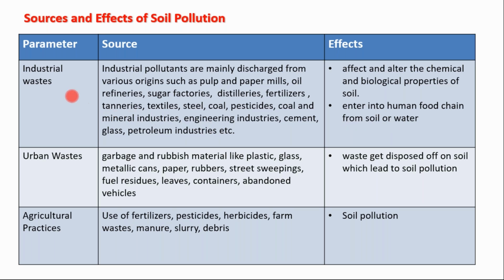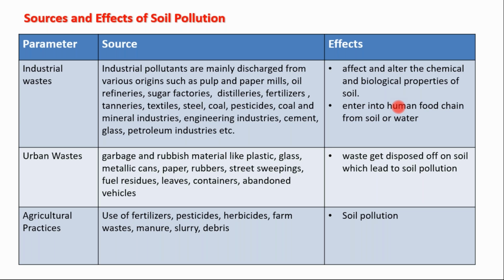Then they enter into the human food chain from the soil or water. Some contaminants or pollutants have characteristics such that they mix with the crops, they mix with the food, and this food enters into the human body through the digestive system.